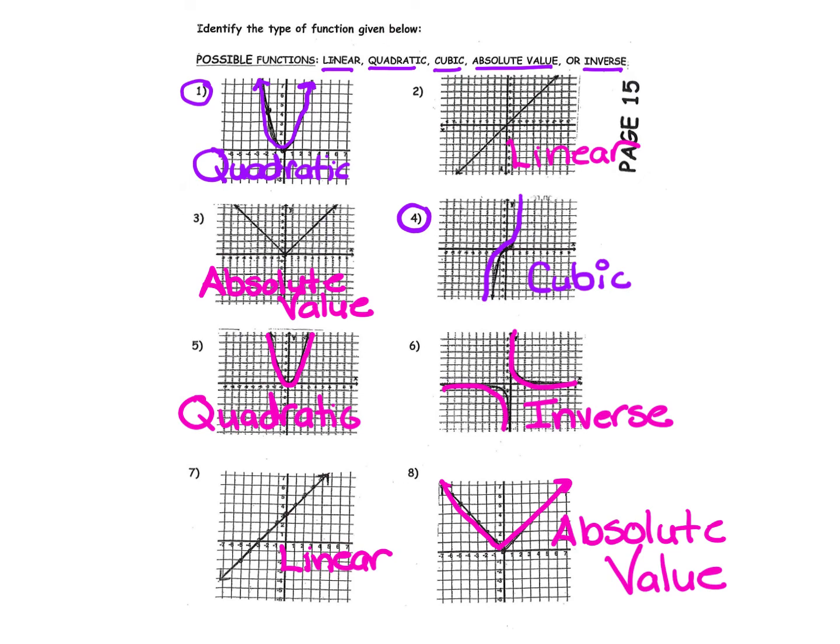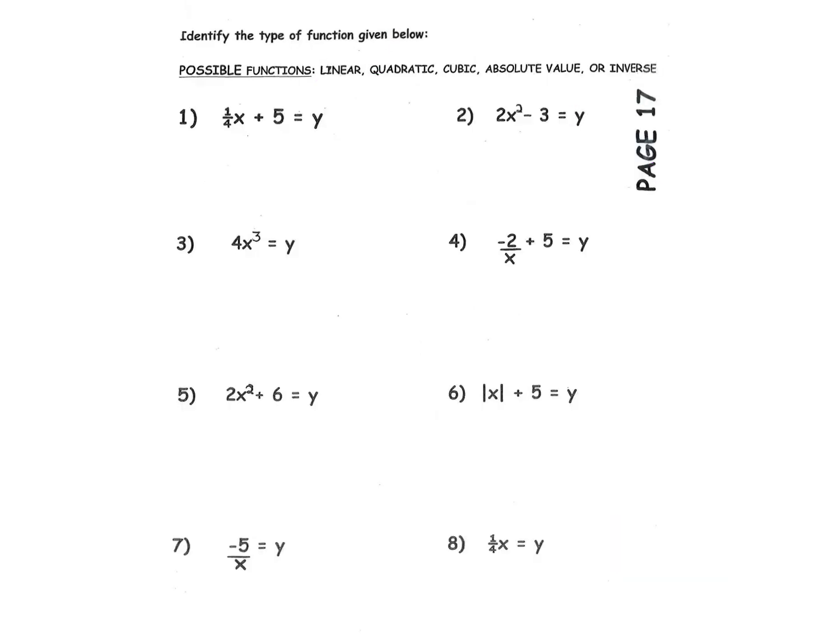Now, turn to page 17, and you're going to go through the same activity, but with equations this time. Please turn to page 17. On page 17, you've been given 8 equations. It's your job to determine if the equation belongs to a linear function, a quadratic, a cubic, an absolute value function, or an inverse function.